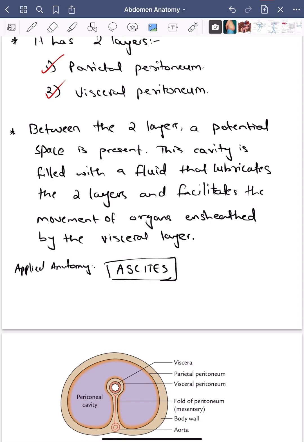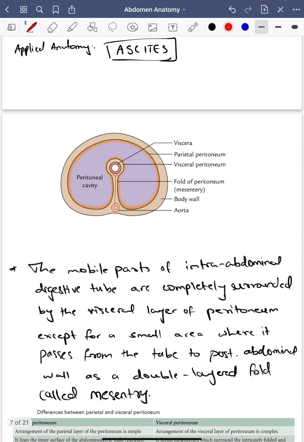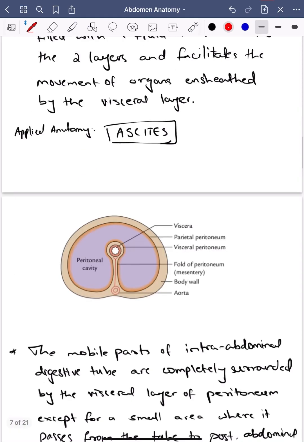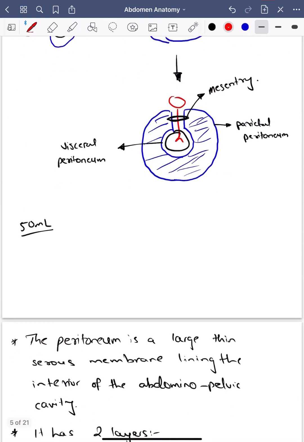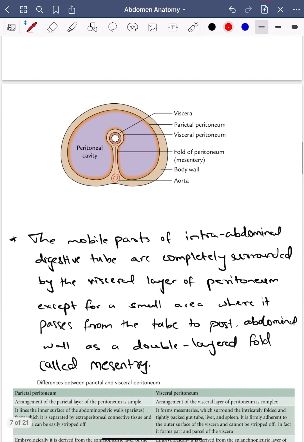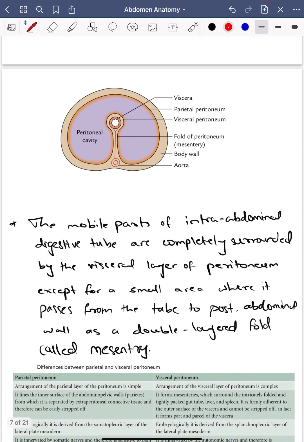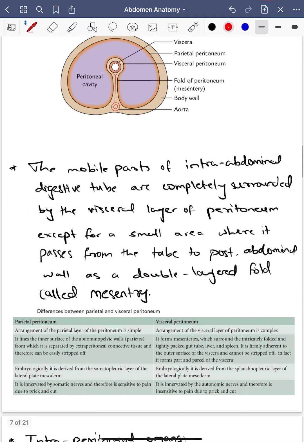Now moving on, this diagram here is a diagram given in your textbook that is trying to depict this image. Okay. Now the next point I've mentioned is the mobile parts of the intra-abdominal digestive tube are completely surrounded by the visceral layer of peritoneum, except for a small area where it passes from the tube to the posterior abdominal wall as a double layered fold.